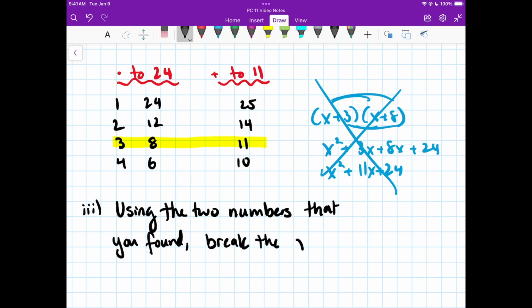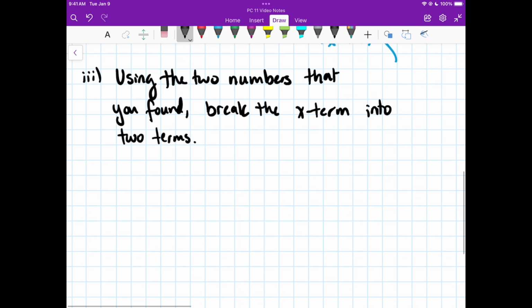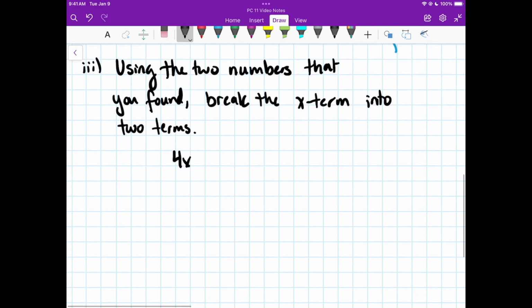And this is really the step that tends to give people the most trouble because they just forget to do it. So our original polynomial, our 4x squared plus 11x plus 6, that 11 is now going to break apart. So the 4x squared is still going to be 4x squared. The 6 is still going to be a 6, but our 11x is now going to be an 8x and a 3x.